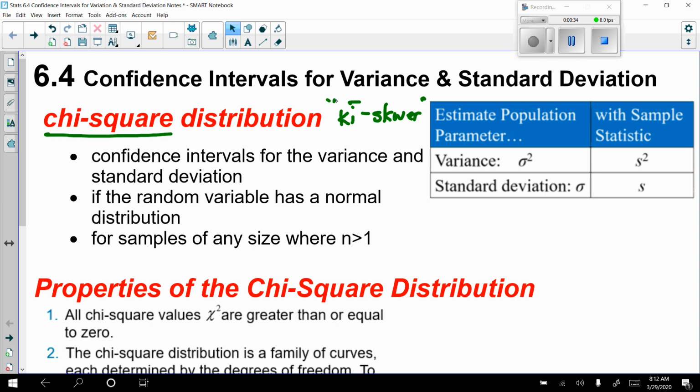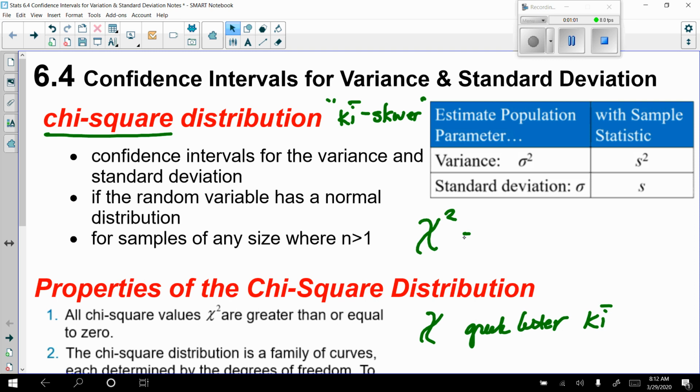Okay, and it's pronounced chi-square because it has the symbol that looks like this, which is a Greek letter. This is the Greek letter chi.